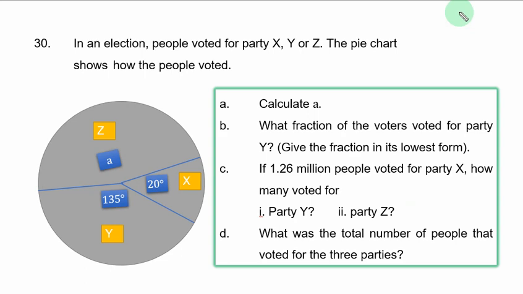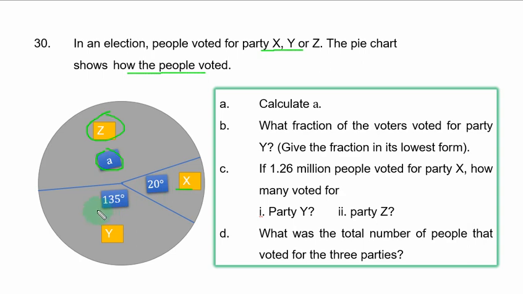Example 30. In an election, people voted for party S, Y, or Z. The pie chart shows how the people voted. Party Z, you have a sectorial angle. Party S, 20 degrees sectorial angle.